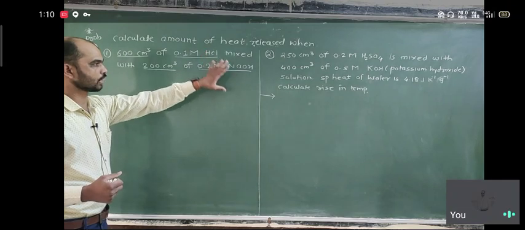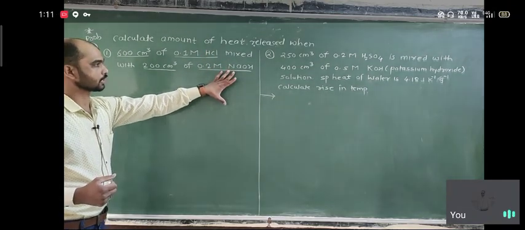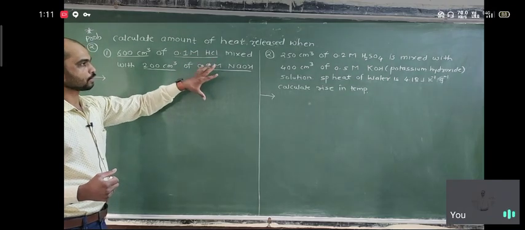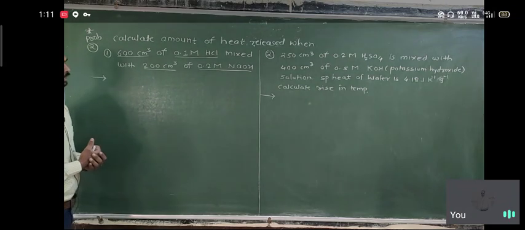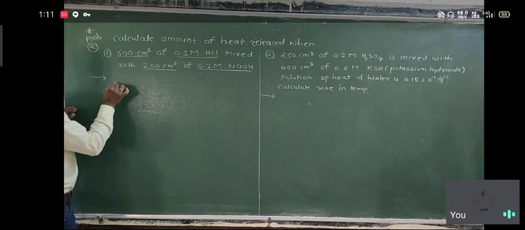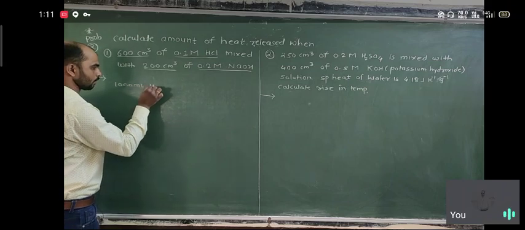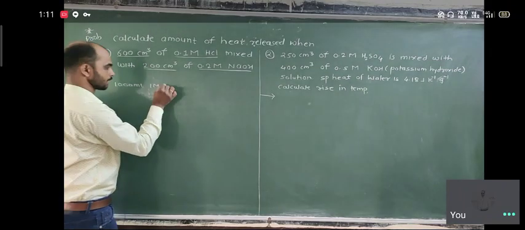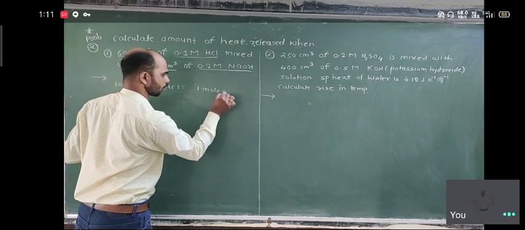When these two, acid and base, mix together, there is a neutralization reaction. How much heat is released during this mixing? You already know that 1000 ml of 1 molar HCl is equal to 1 mole of H plus ion.